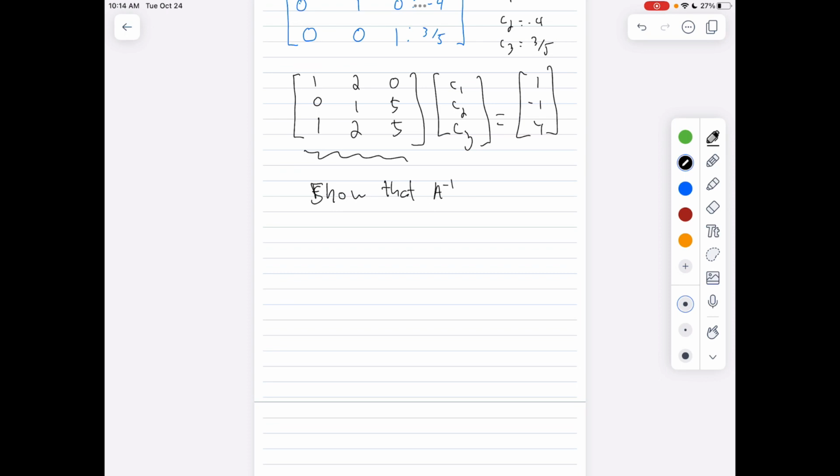And how do I show the inverse exists? Well, you can take a determinant, that's one thing. I don't know if you've covered that in class or not. I specifically went to the row reduction because a lot of people haven't covered that yet in class, but you can do that by taking the determinant. And if the determinant does not equal 0, there exists a solution to this, and it's unique, okay?